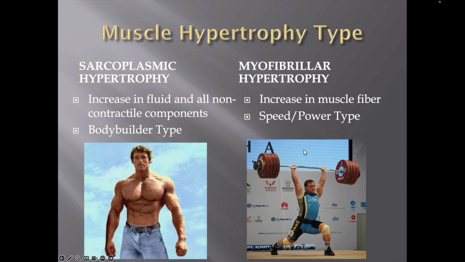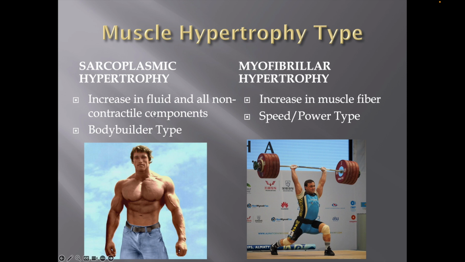Now, when our muscles get bigger, how do they get bigger? While this is kind of up for debate in the literature out there, there are two different ways that our muscle fibers could possibly get bigger. Number one could be sarcoplasmic hypertrophy, meaning that your muscles get bigger, but what gets bigger in your muscle fibers is mainly the fluid.